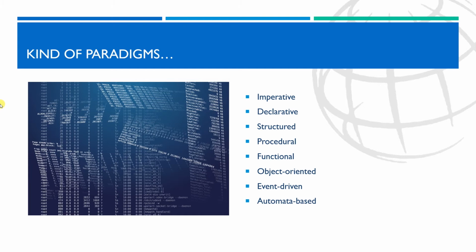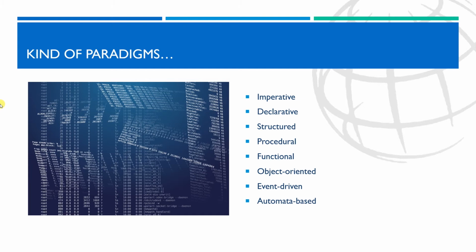Next, we have the widely considered main programming paradigms. The first one is structured programming. It specifies the steps a program must take to reach a desired state. Some languages that have this paradigm are C, C++, Java, Kotlin, PHP, and Python.